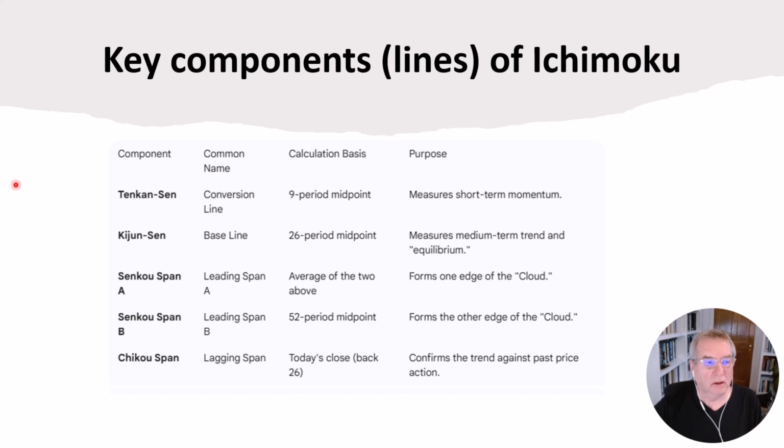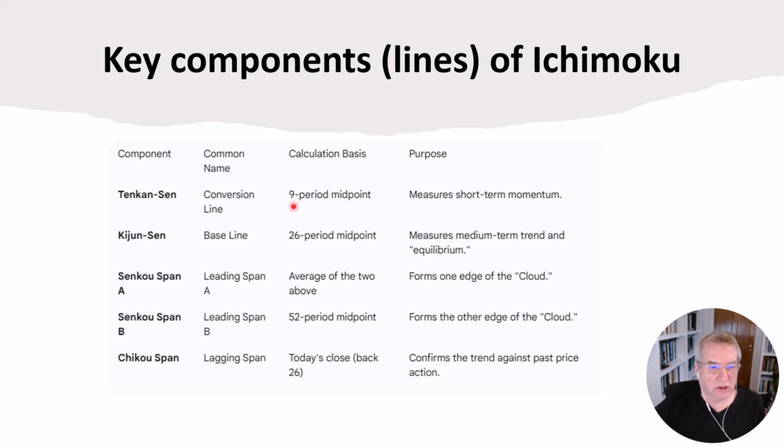So let me begin by giving a brief characterization of the Ichimoku technical chart patterns. And I'll talk about the key components, or essentially what are called lines, of this particular pattern. So there are the following lines. This one is called the Tenkan Sen, also known as the conversion line.